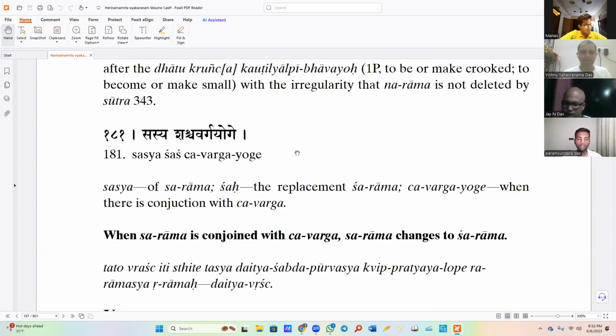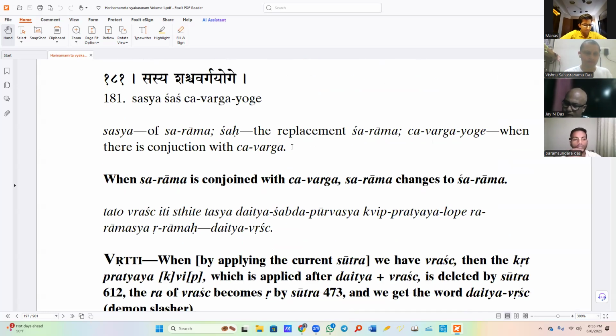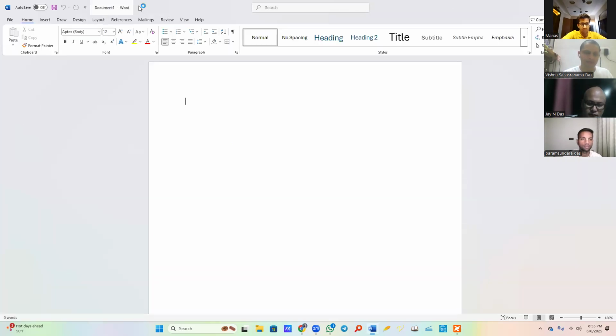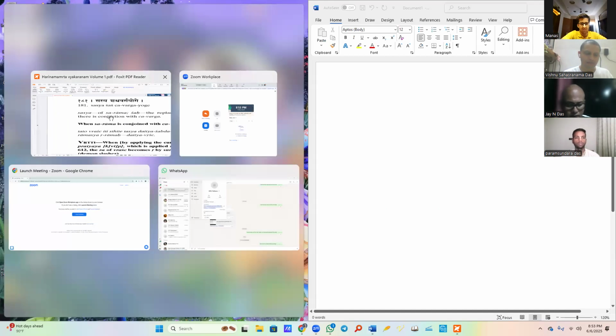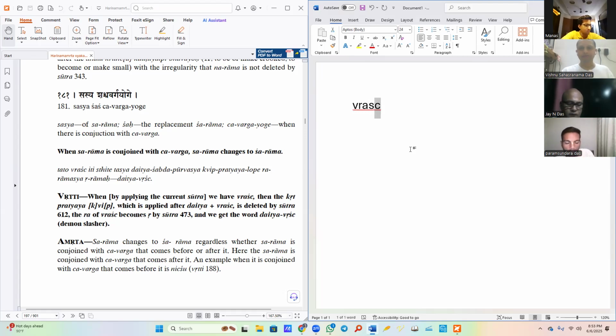The sutra says Sasya Shash Chavarga Yogi. When Sarama is conjoined with Chavarga, Sarama changes to Sharama. Like in Ovrashtu Chedane, we had Sarama next to Charama, a letter from Chavarga.